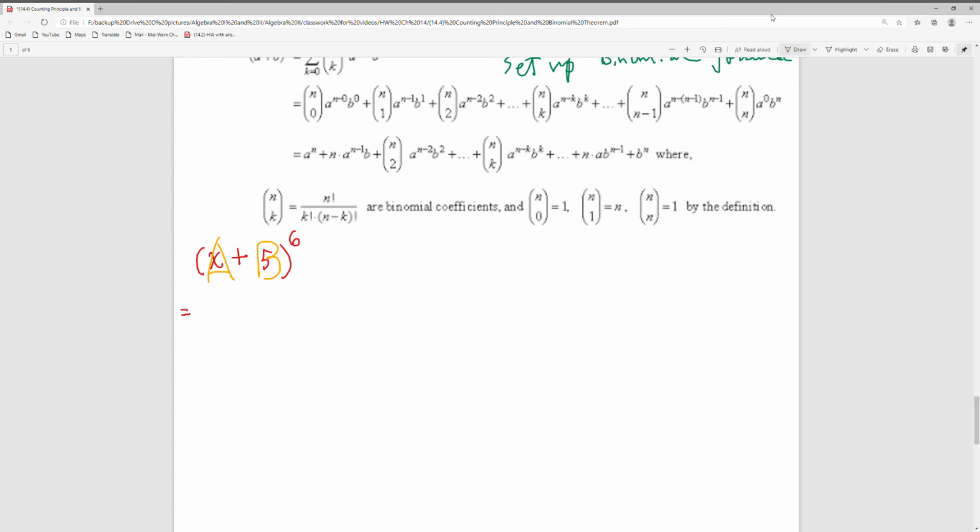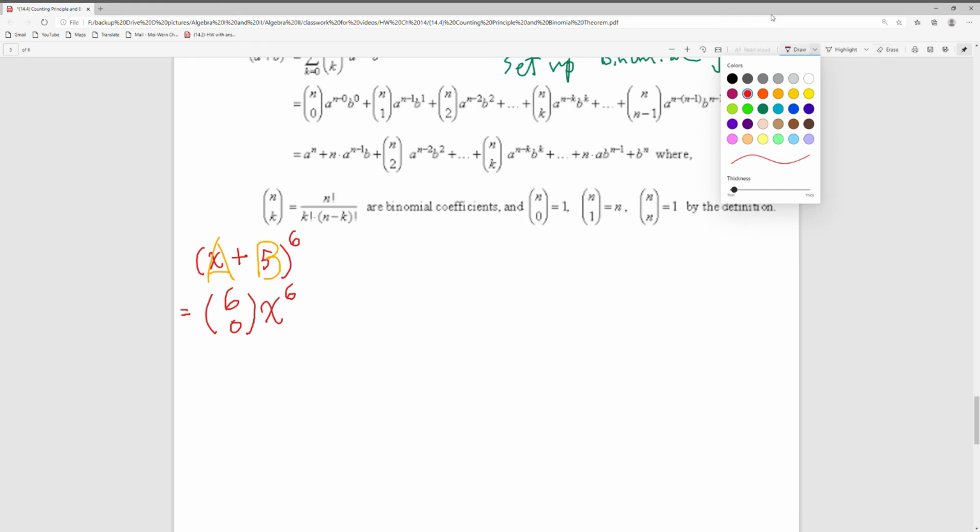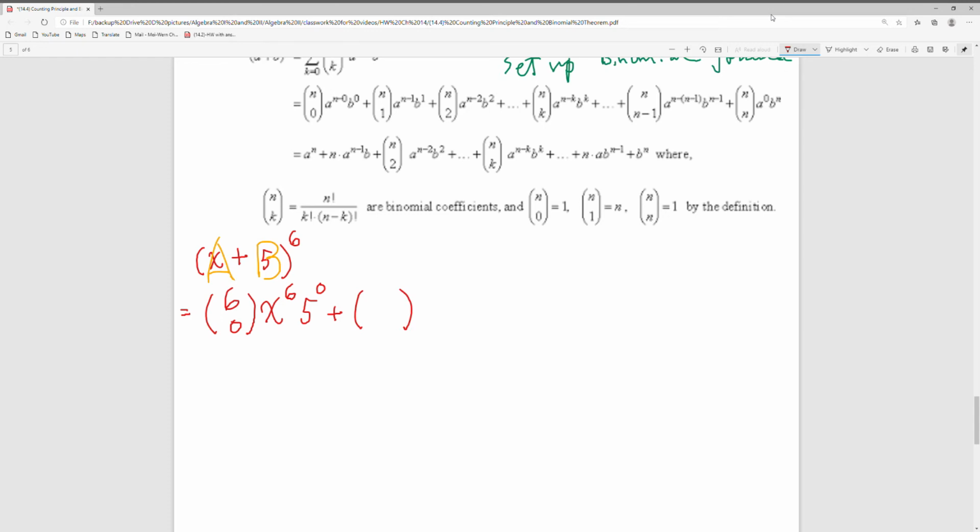Let me show you. So first, how many choices? 6 choose 0. And then you have x to the 6th, b to the 0, not a b. Right now you have 5, so you have 5 to the 0, plus 6 choose 1.